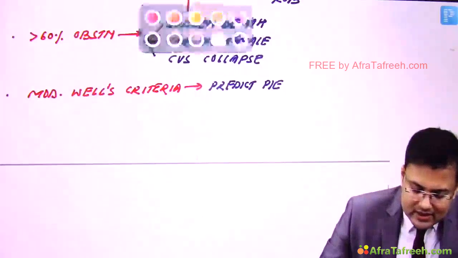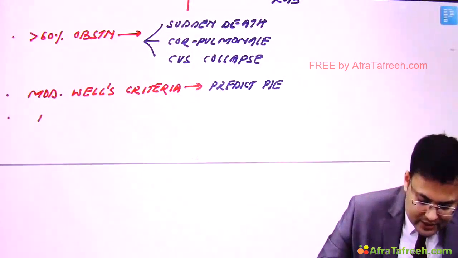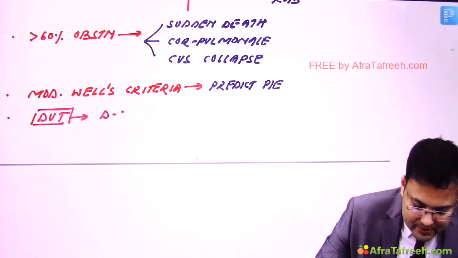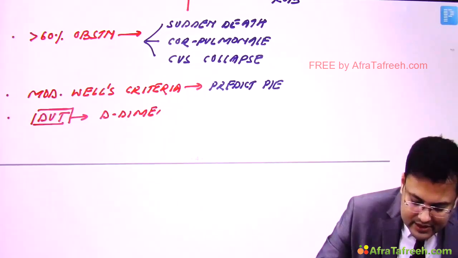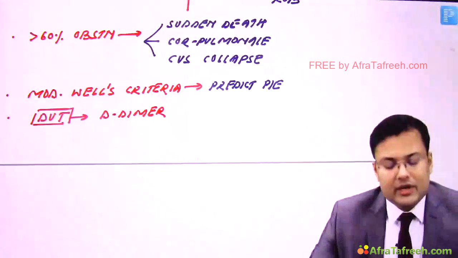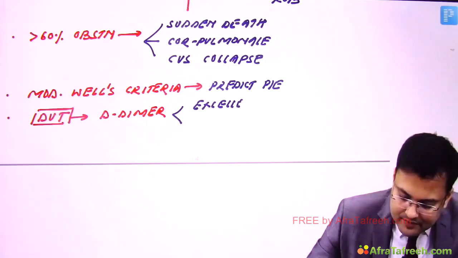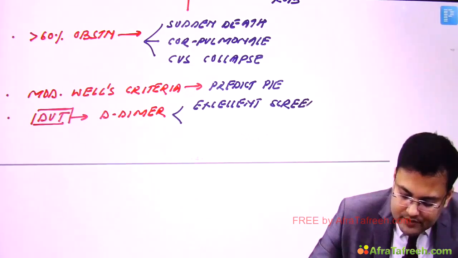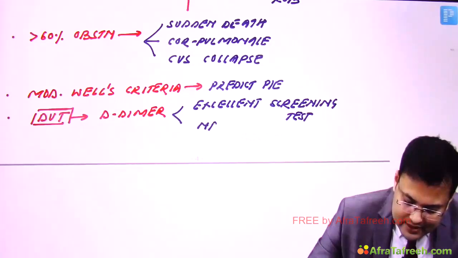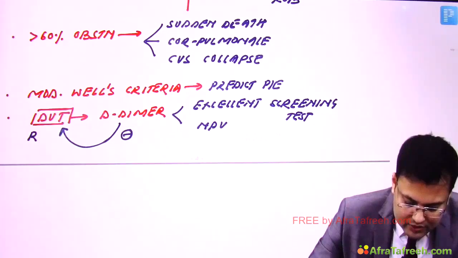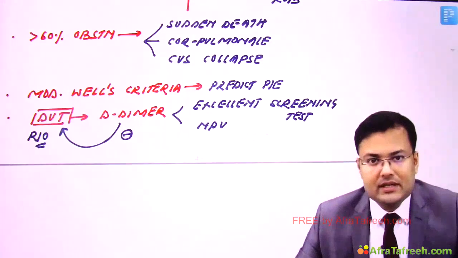Since DVT is the risk factor for pulmonary embolism, D-dimer is an excellent screening test because of its negative predictive value. So we can rule out DVT if D-dimer is negative.